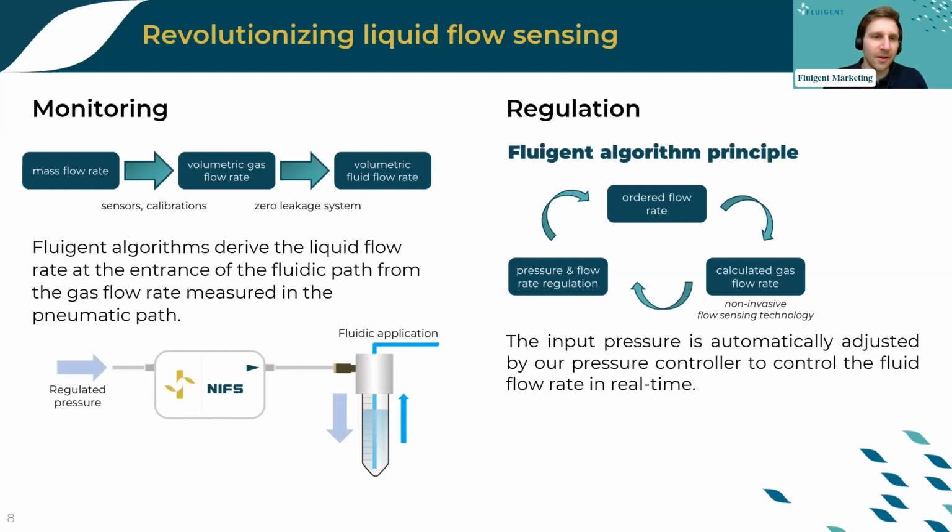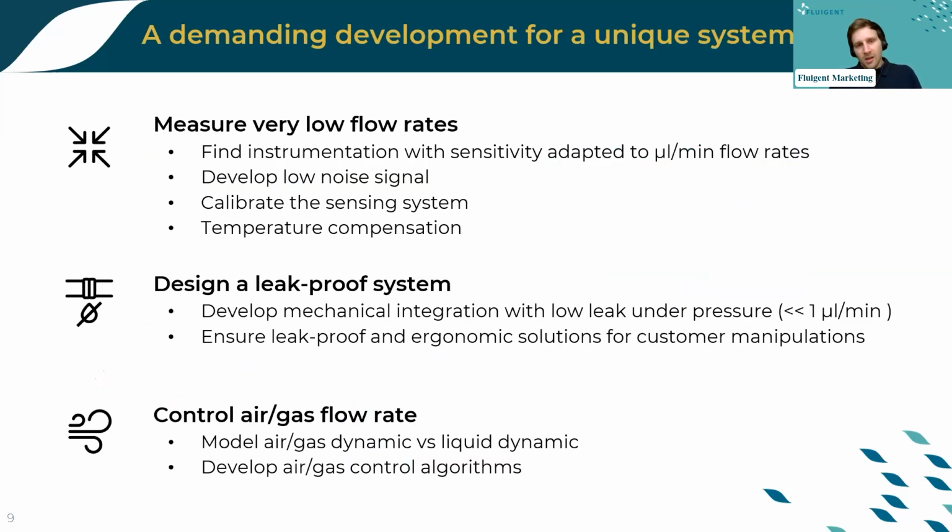So I will let Nicolas, our R&D project manager, discuss in more detail the development, what the main challenges were, why it was a demanding development, and how we managed to make a real product from this technology.